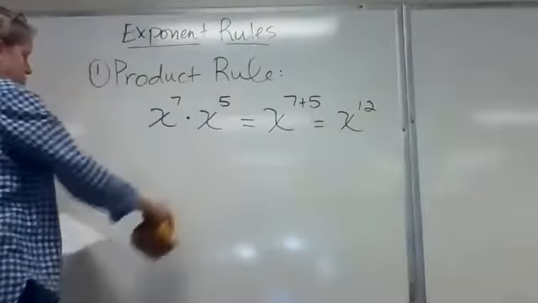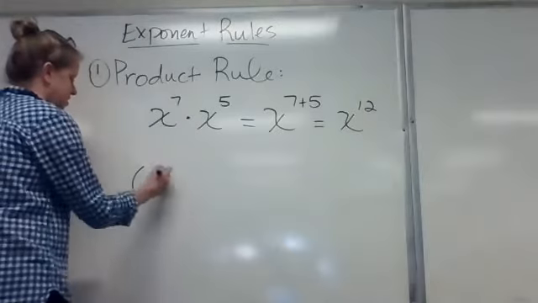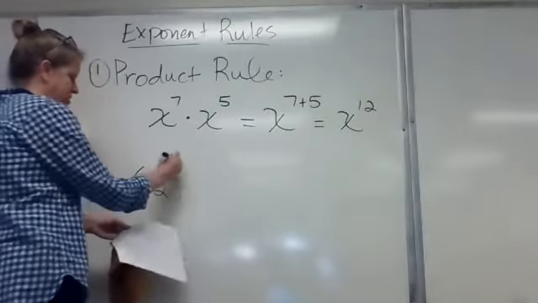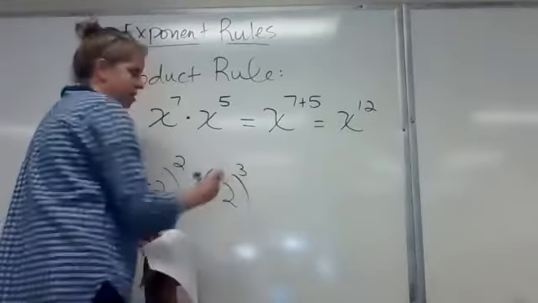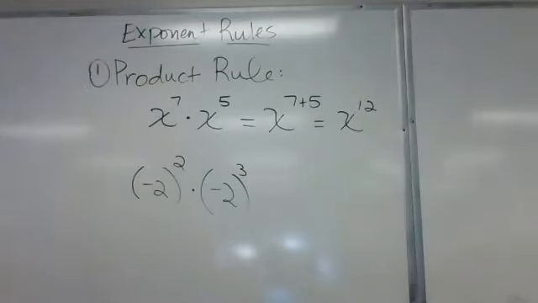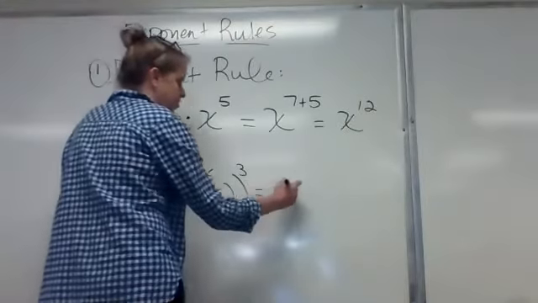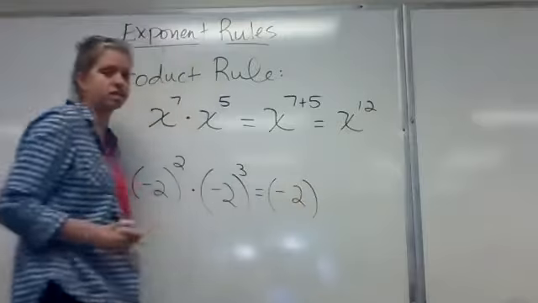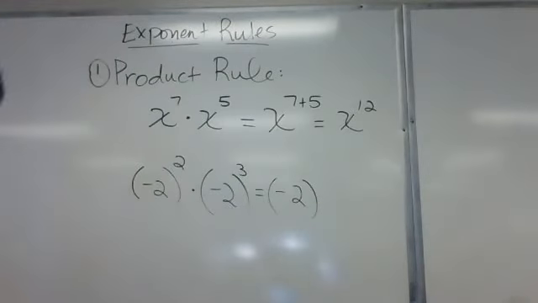Again, it's using the product rule. -2 in parentheses to the 2nd power times -2 in parentheses to the 3rd power. Again, it wants you to leave it in exponential form. Same bases, so -2 in parentheses, right? If you don't put the parentheses, it means something completely different.